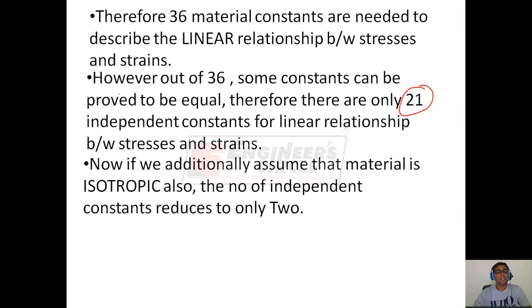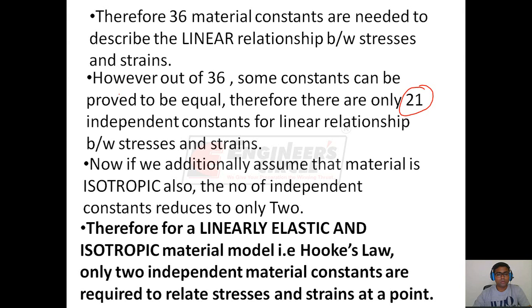Now, if we additionally assume that the material is isotropic also, then the number of independent constants reduces to only 2. That is, if we have assumed that our material is linearly elastic as well as isotropic, then we need only 2 independent material constants to relate stresses and strains at a point.